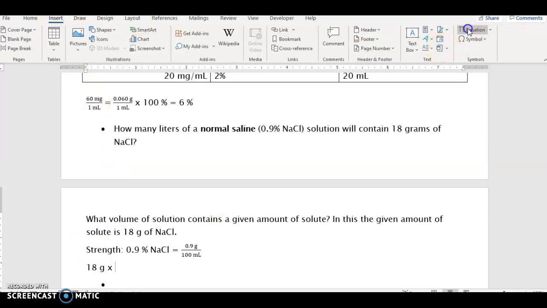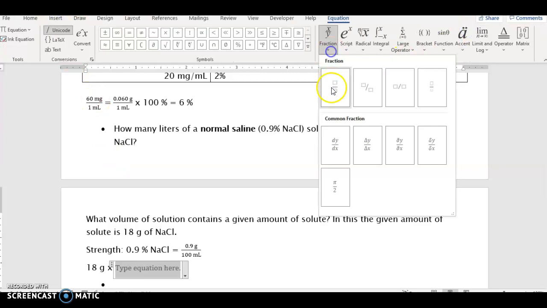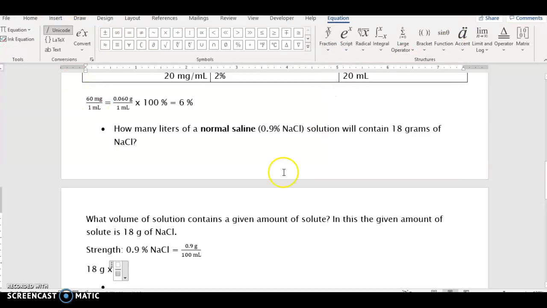When I multiply by the fraction, what goes where? Does the 0.9 go on top or on the bottom? Since I want to cancel out the units of grams, the 0.9 grams is going to go in the denominator, and the units I want, milliliters of solution, are going in the numerator.